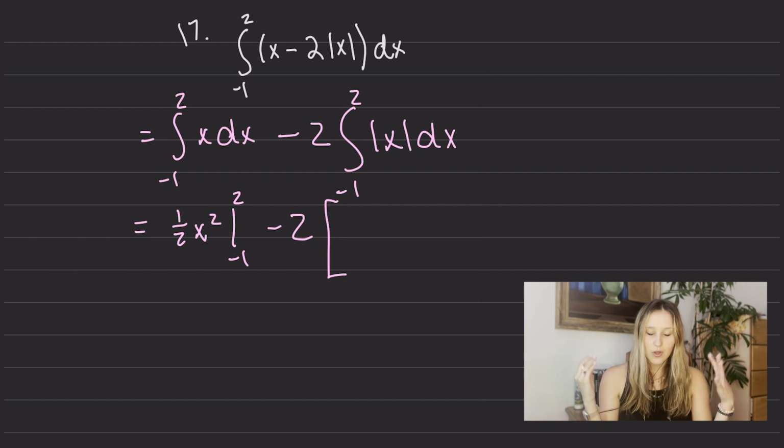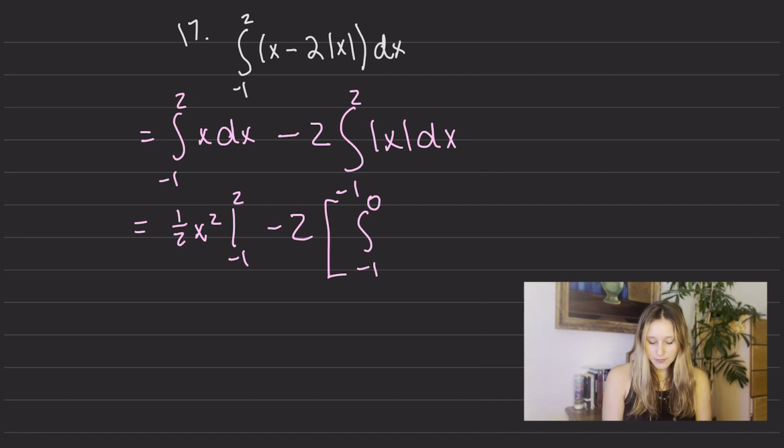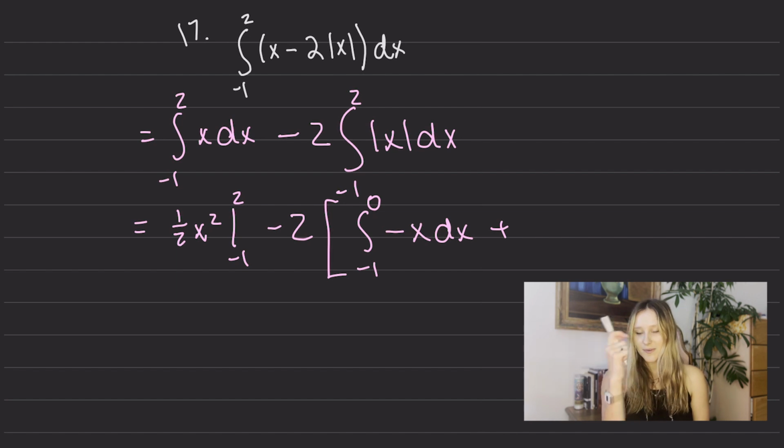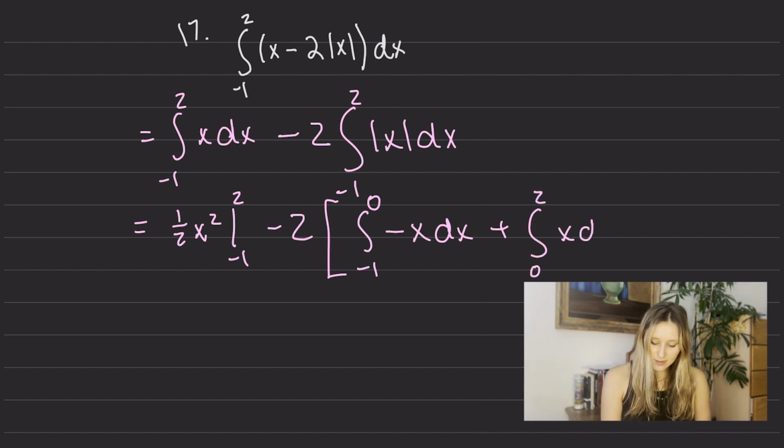So the absolute value of x, where is it negative? It's going to be negative from -1 to 0. And that is going to be the minus x function, because you take whatever is inside the absolute value function and put a minus in front. And then for everything else that's positive, it's just going to be the normal thing here.